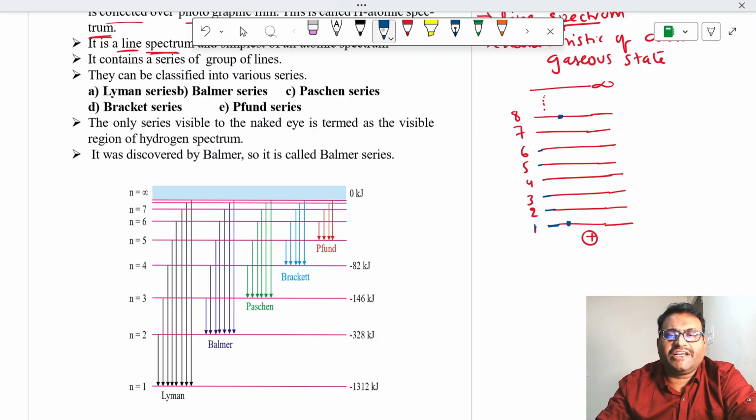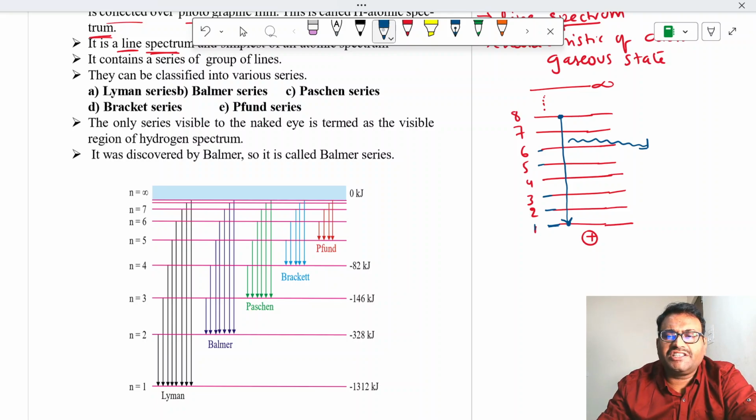There are many possibilities here. For example, let us take that the electron is in the 8th energy state and is returning to the first energy state. It can return directly from the 8th energy state to the first energy state. When it is in the 8th energy state, it has more energy. By releasing some energy, it returns to the first energy state.